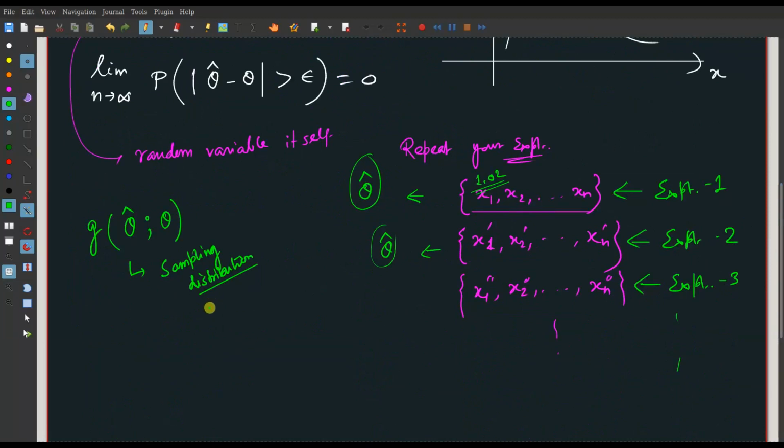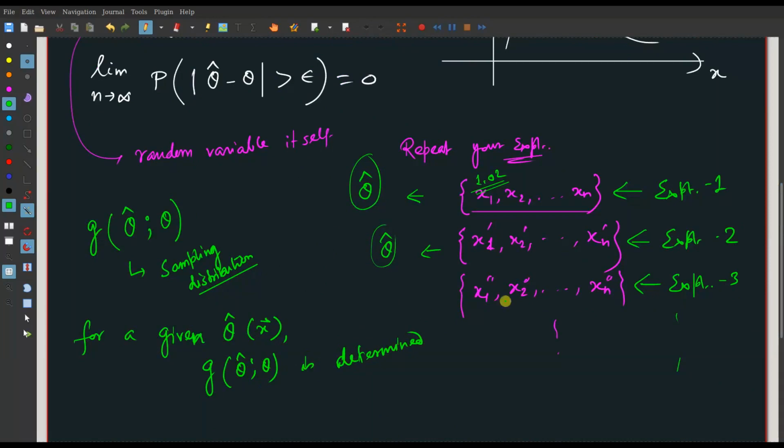Given the functional form of the estimator, g of theta hat given theta is determined.